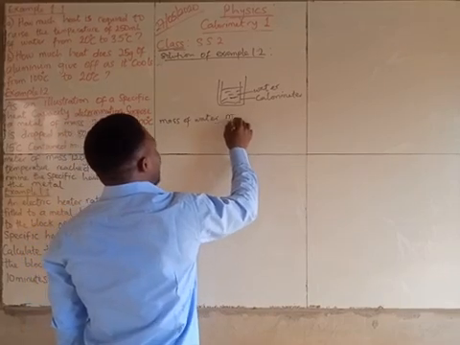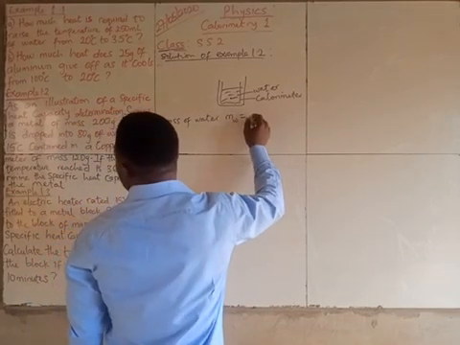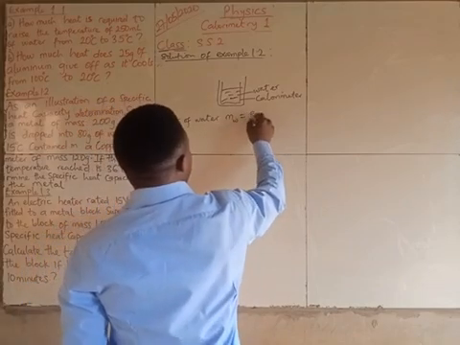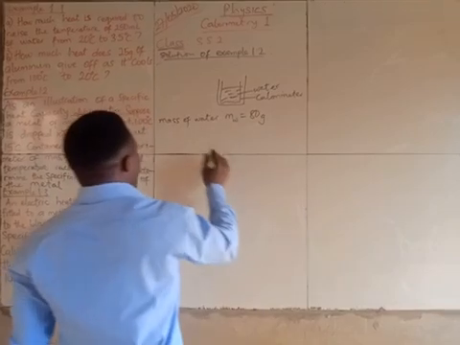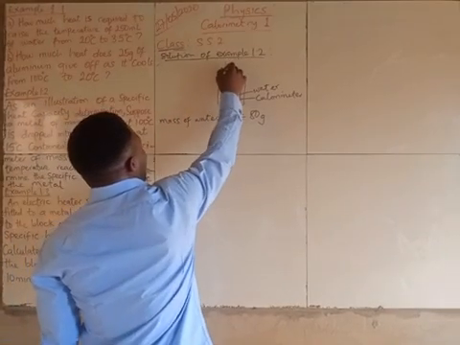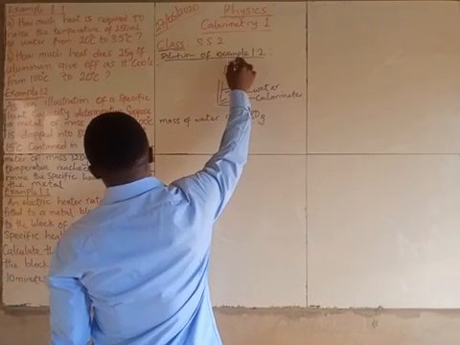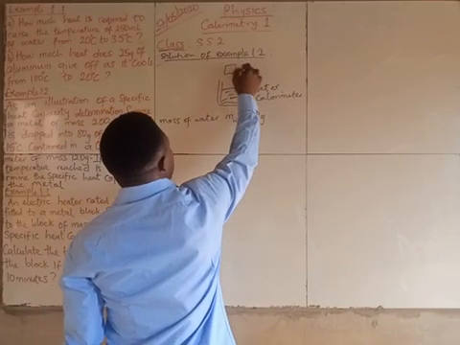That is MW, the mass of the water, was given to be 80 grams. And also we are given the mass of the metal. We dropped a metal which was 100 degrees Celsius hot. This is the metal.